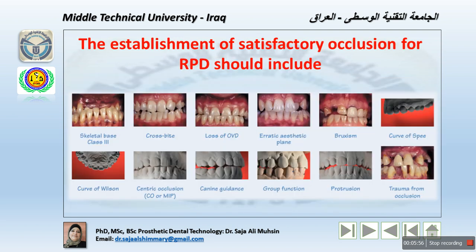Now, the establishment of satisfactory occlusion for removable partial denture should include many factors. First of all, we should analyze the existing occlusion to find out if it is possible to construct a removable partial denture for such a patient. And if not, we have a substitute for this case. If we can, the correction of the existing occlusal disharmony is essential.